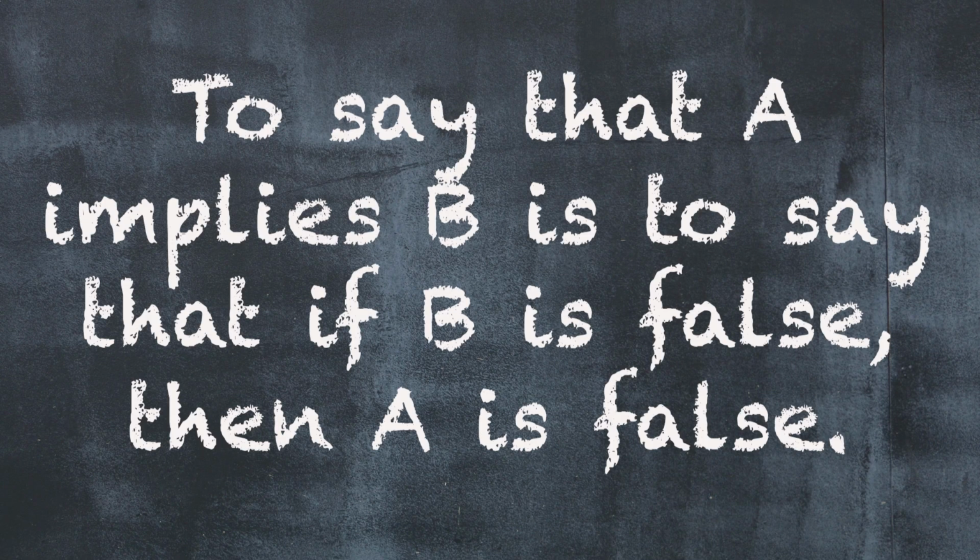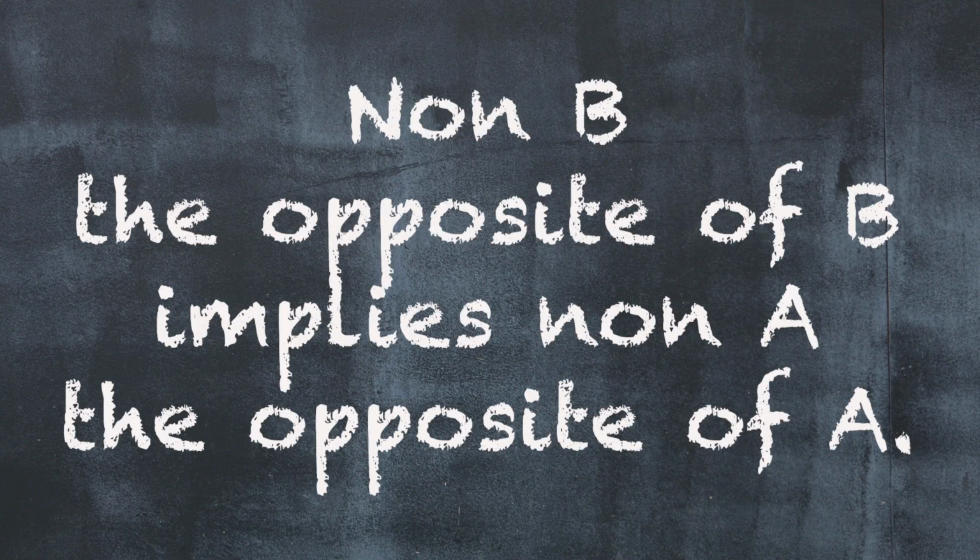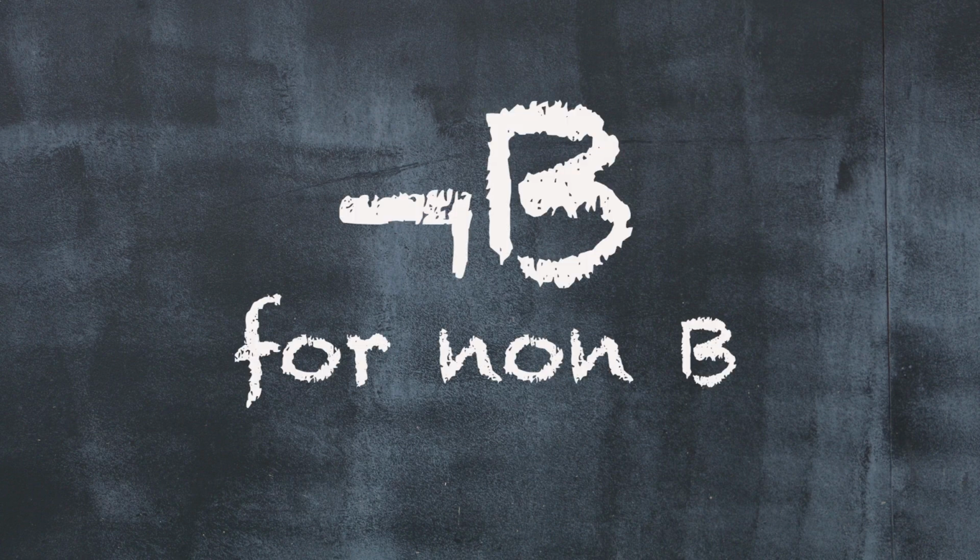To say that A implies B comes to the same as saying that if B is false, then A is false. In other words, that non-B, the opposite of B, implies the opposite of A, and we write non-B ⇒ non-A.